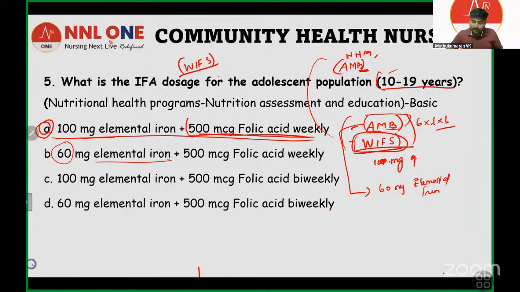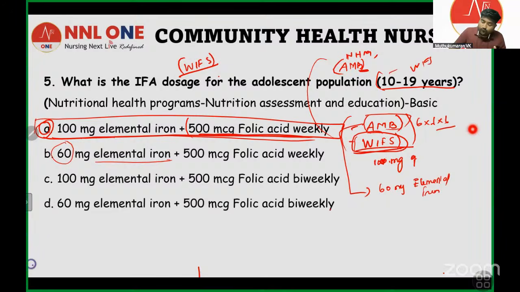If it is from Anemia Mukt Bharat, then 60 mg. If it is from the weekly iron and folic acid supplement, then it is 100 mg. Is it clear for you all now? So what is the answer for this question, sir? Now it is A. Why? Because it is taken from the weekly iron and folic acid supplement.